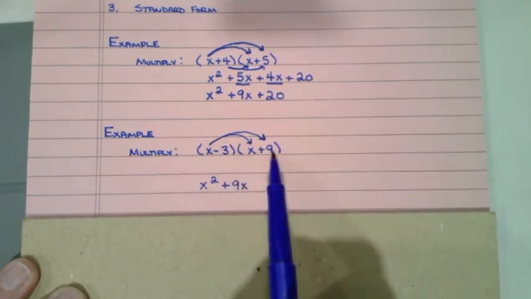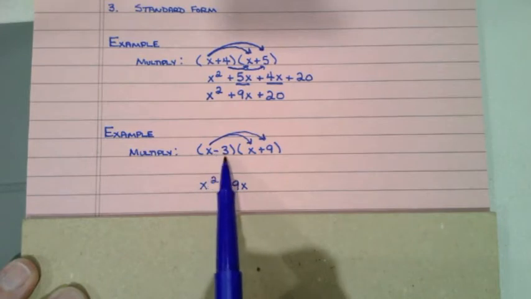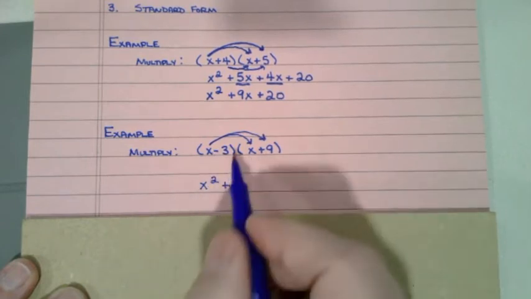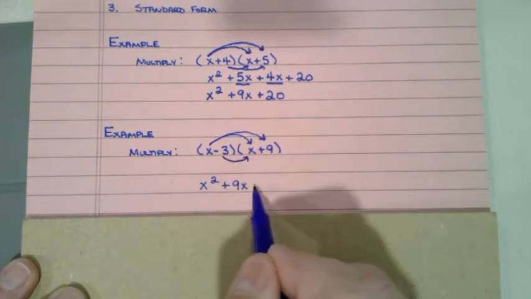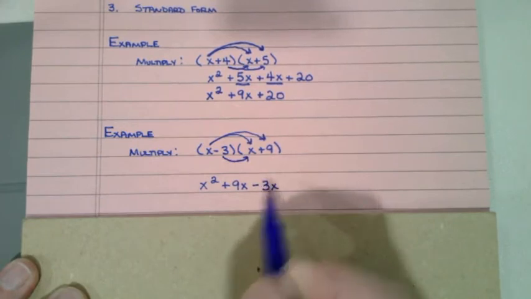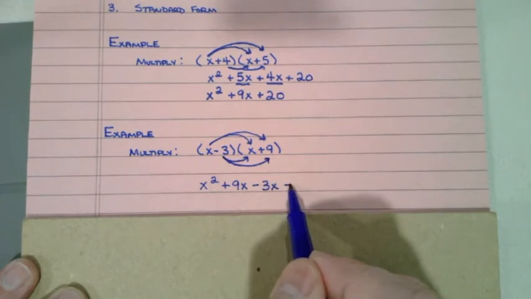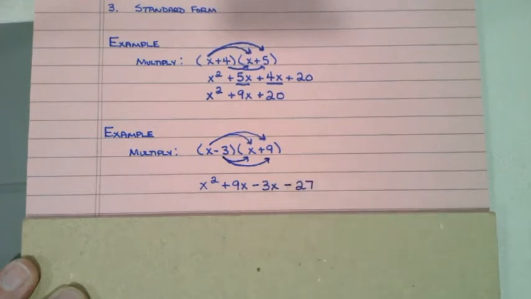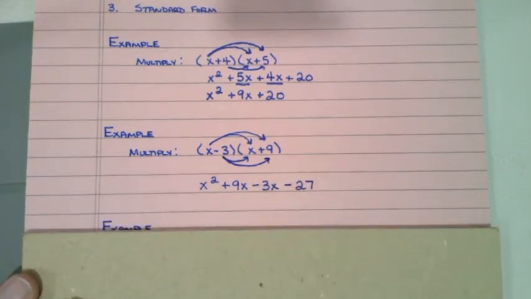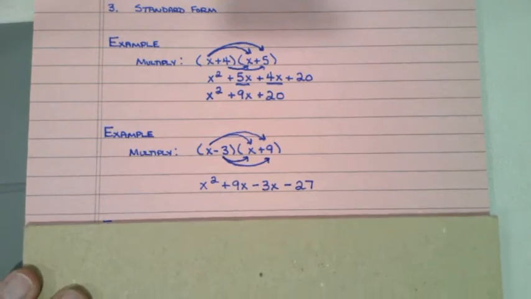That x has been multiplied to each one. Now this negative 3 needs to be multiplied to each one. Negative 3 times x, negative 3x. Negative 3 times 9, negative 27.